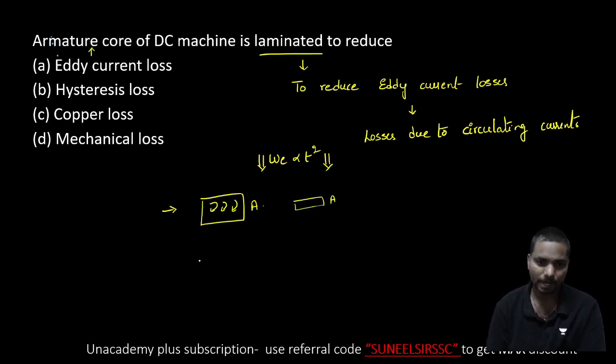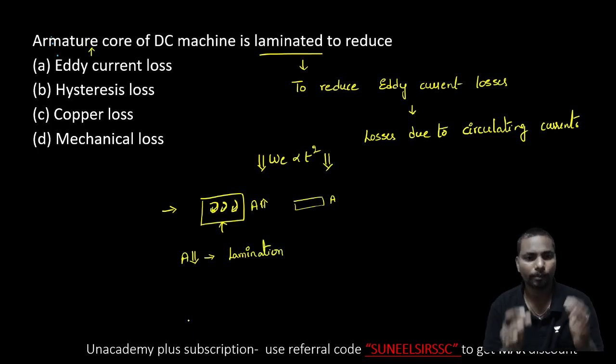In the same manner, consider the core of the armature: if the area is more, then circulating currents will exist within the core. Due to this, we are getting the losses. Those are nothing but eddy current losses. So what we have to do in this case is reduce the area. For that purpose, we are going for lamination.